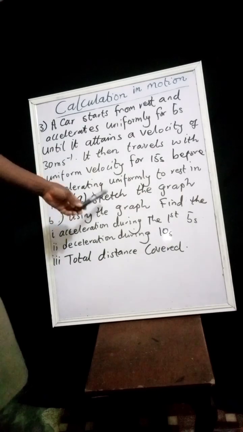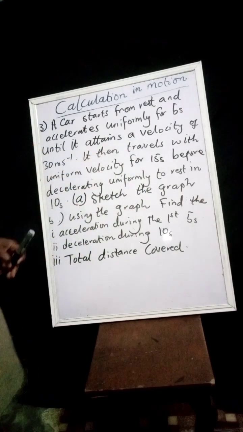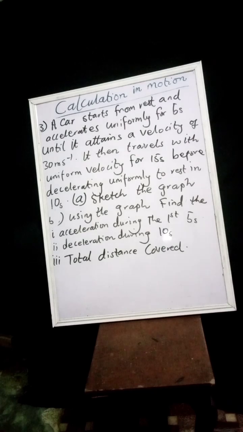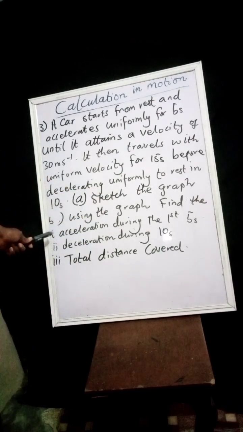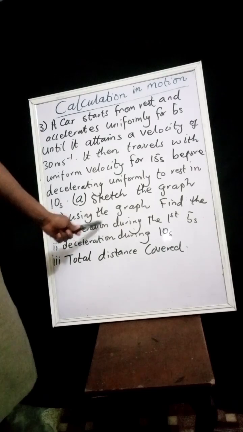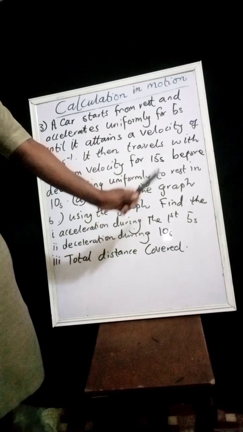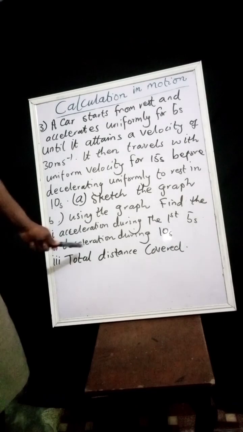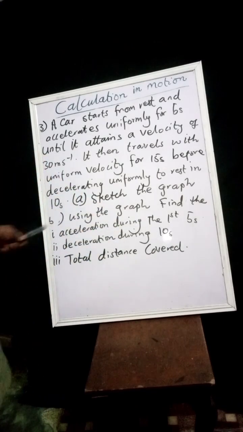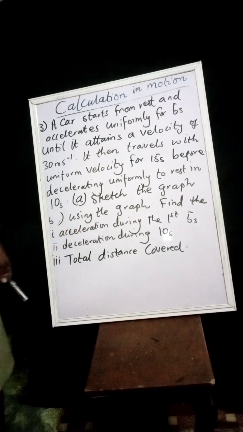A. Sketch the graph of the motion. B. Use the graph to find the acceleration during the first 5 seconds, the deceleration during the 10 seconds, and the total distance traveled.